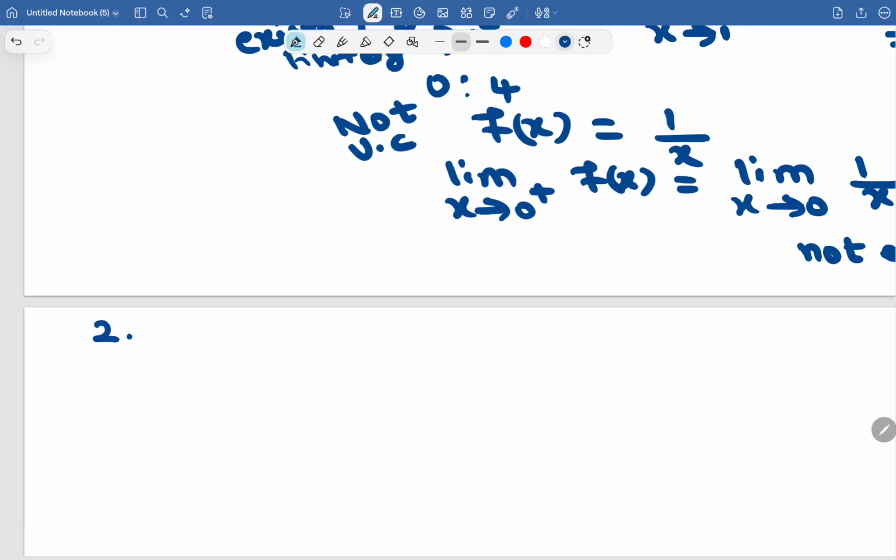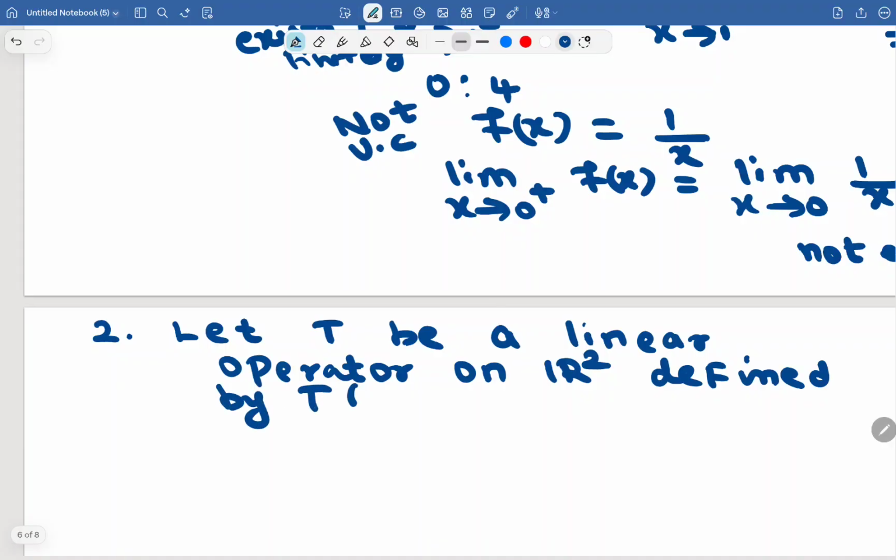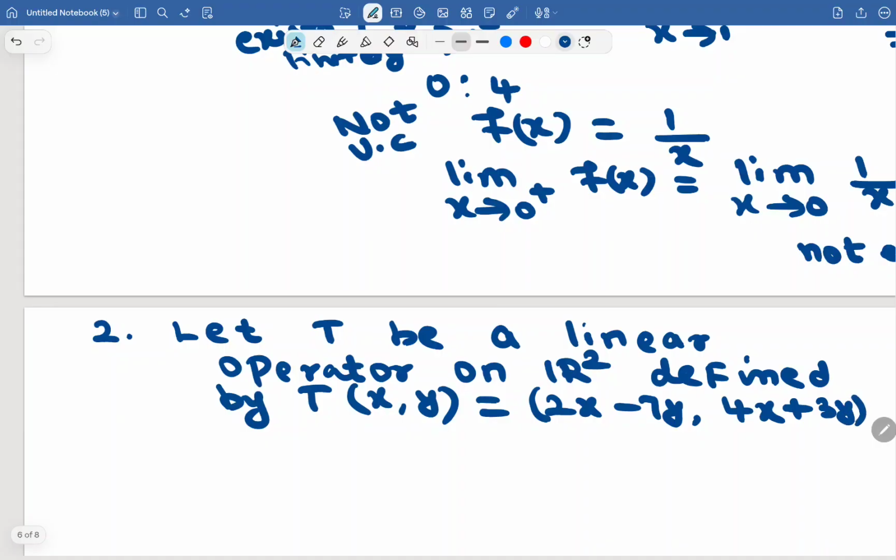Second problem. Let T be a linear operator on R square defined by T(x, y) = (2x minus 7y, 4x plus 3y).